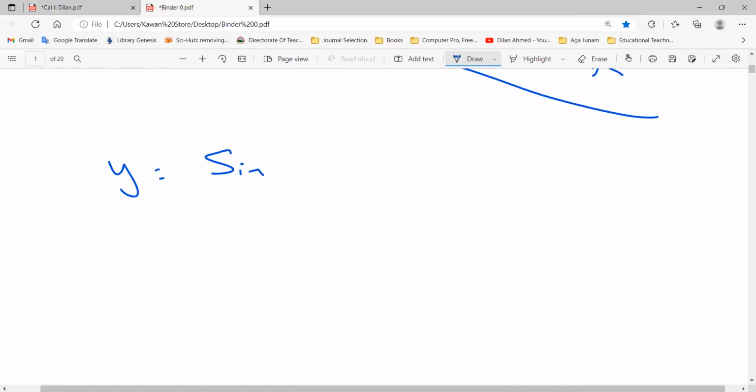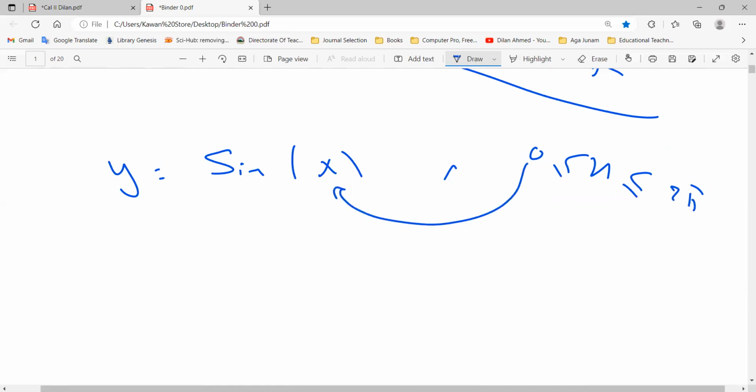We have sine of x, and I say x between 0 and 2 pi, for example. So we are going to substitute these numbers. I say x and y, and I'll get the point, right?